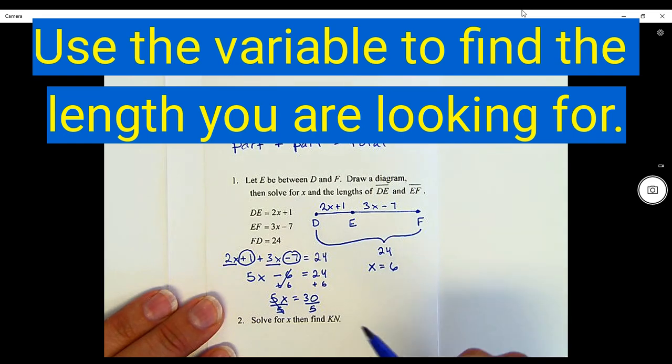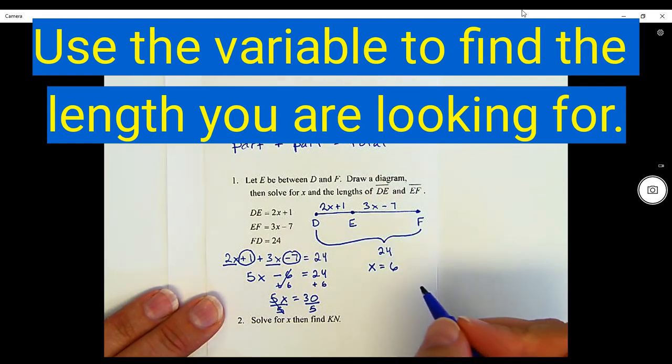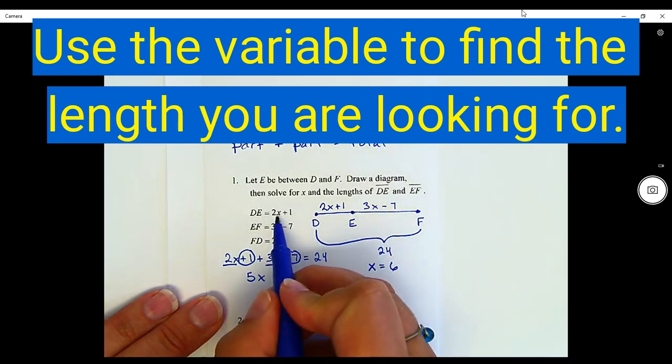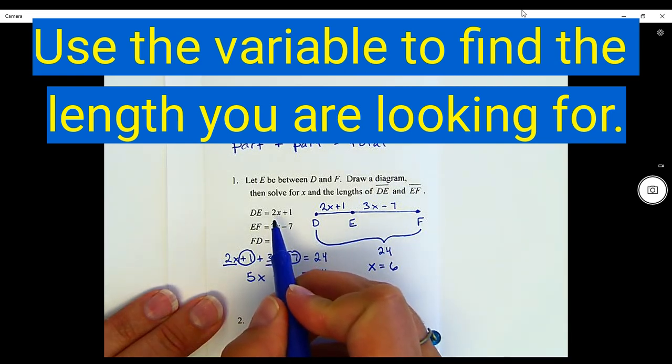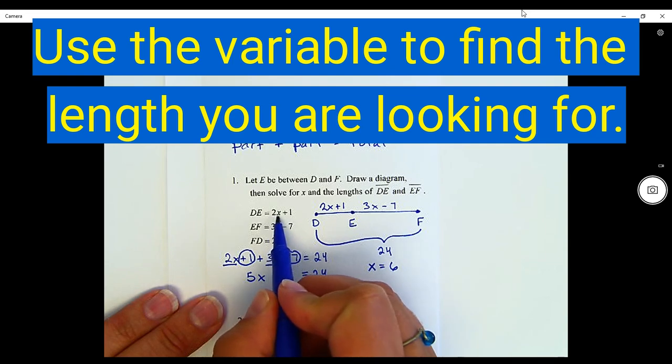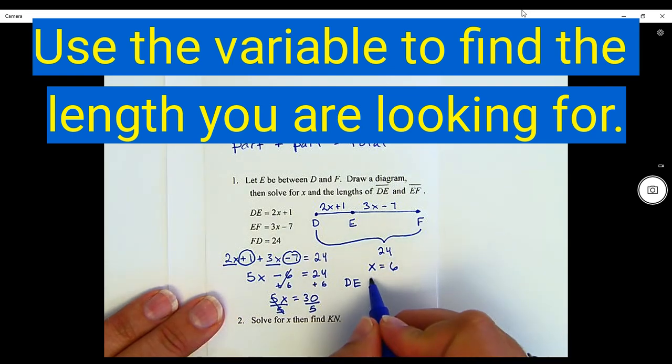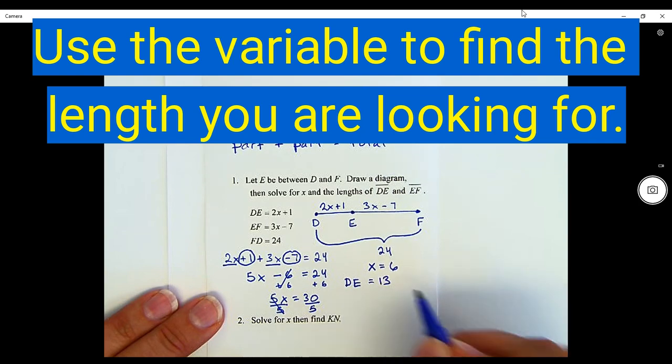We're solving for x, and now we also want to solve for DE. To do that, we plug that back in and put the 6 where the x is. So 2 times 6 plus 1, or 12 plus 1, is 13.